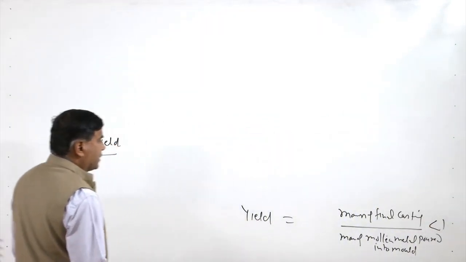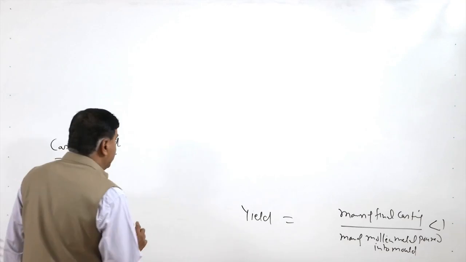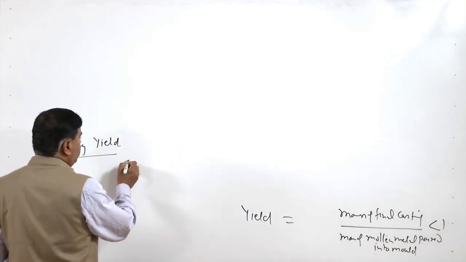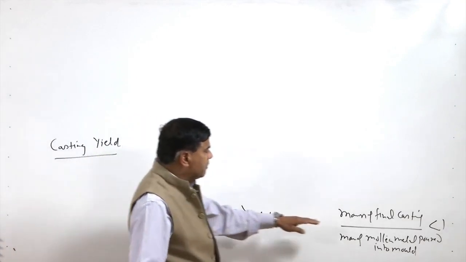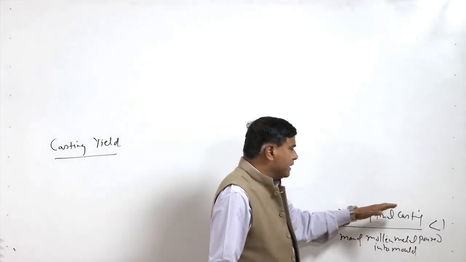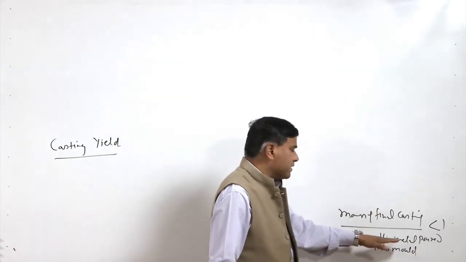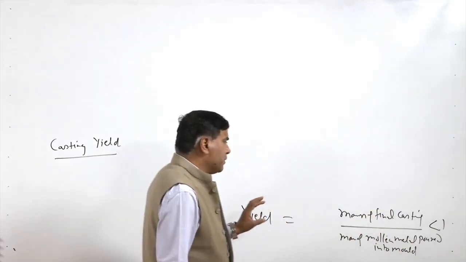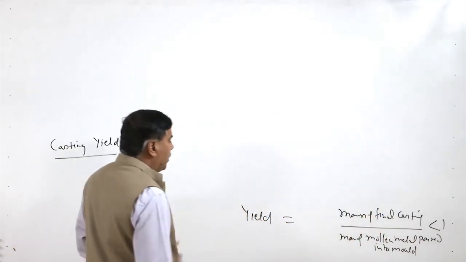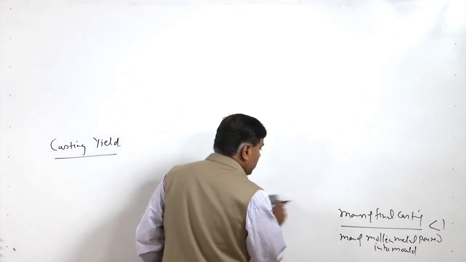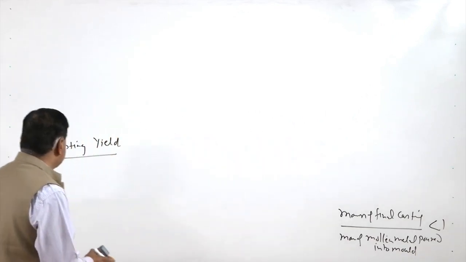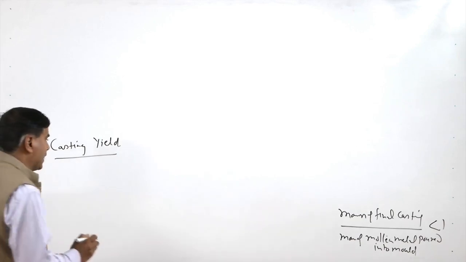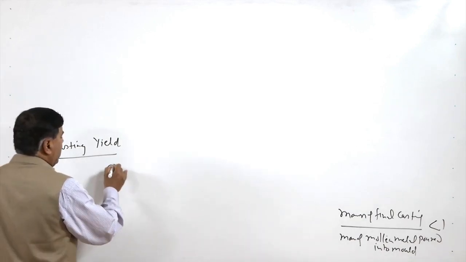So, what are the factors governing the yield? Basically, there are two factors. If the mass of the final casting is close to the mass of the molten metal poured, then our casting yield will be good, and the economics of the foundry will be much better. There are two factors.